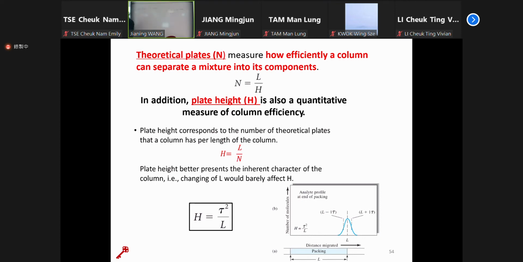L means the length of the column, and H represents the plate height. So the relationship is quite clear: the plate number N equals L divided by H, so H equals L divided by N.